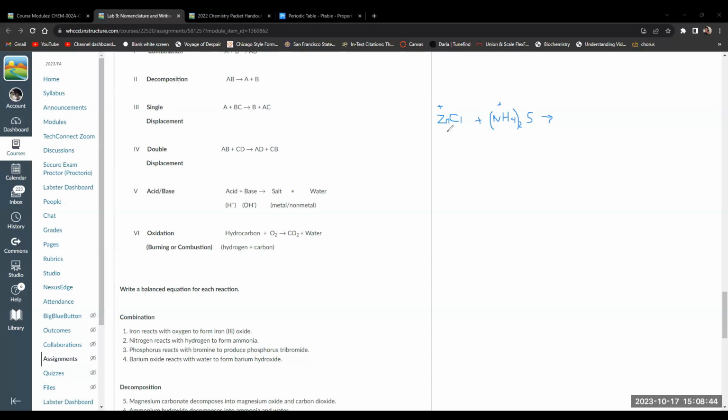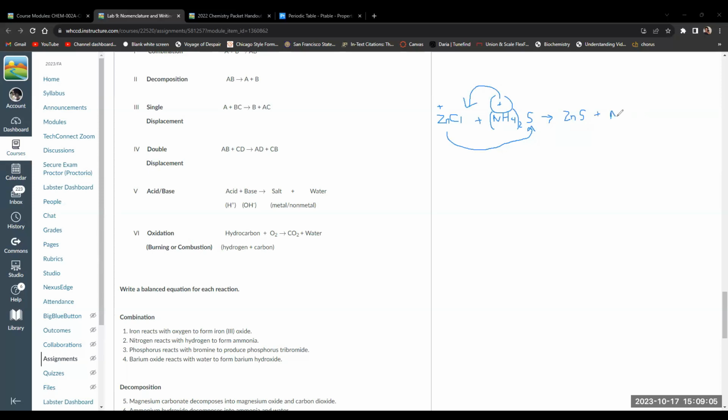So the zinc is going to switch with the ammonium to get zinc sulfide, and the ammonium would be the vice versa.